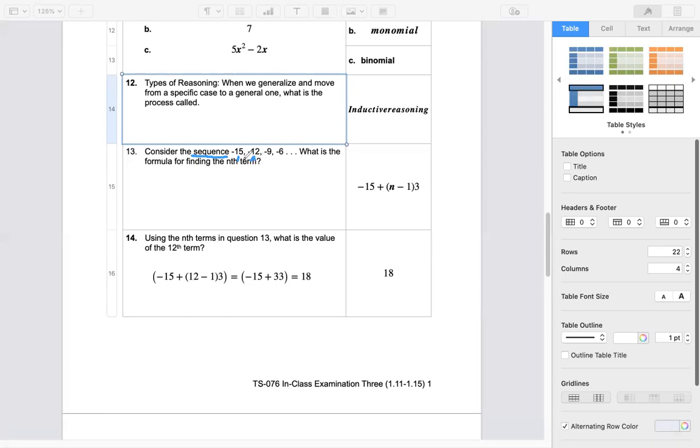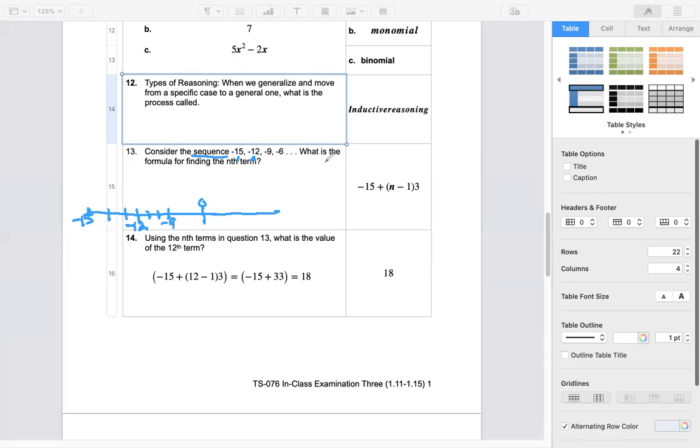When I say add 3, because if you add 3 to a negative 15, think of it on the number line here, if this is the number line, and this is 0, negative 15 is way over here somewhere. If I add 3 to it, I'm going to get to negative 12. If I add 3 to that, I'm going to get to 1, 2, 3, negative 9, etc.